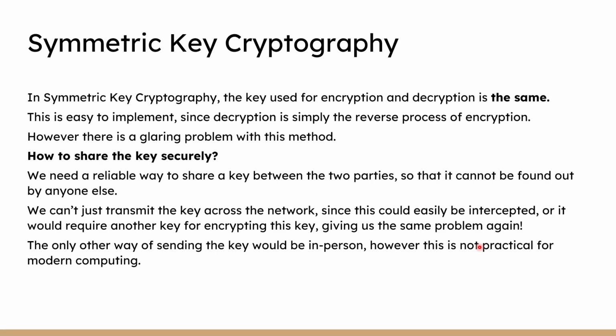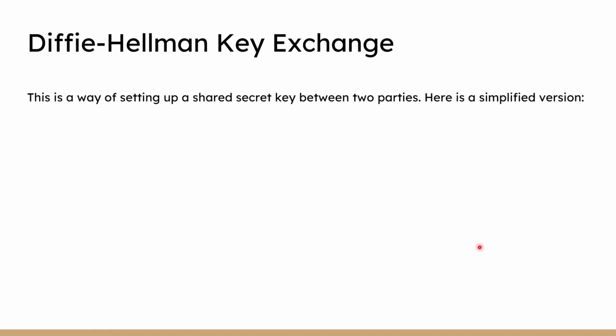So basically, there's this thing called Diffie-Hellman Key Exchange, which is a way of setting up a shared secret key for symmetric encryption without actually needing to send the key. This is just a simplified version because there will be another talk about the actual maths of this.